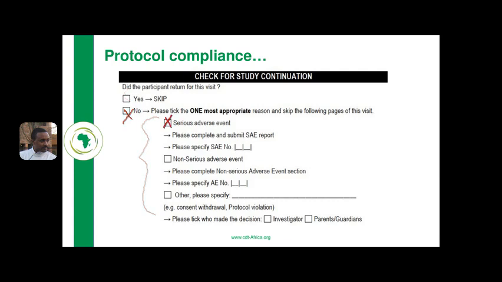If we click on serious adverse event, then we're going to get instruction to complete also the serious adverse event report. And if it's because of a non-serious adverse event, then again the CRF will give us instruction to complete the adverse event sections. So that way, the protocol compliance could be increased by these reminders.